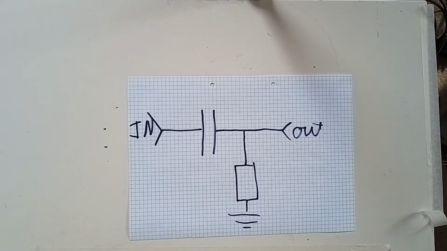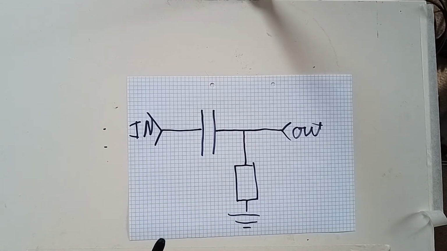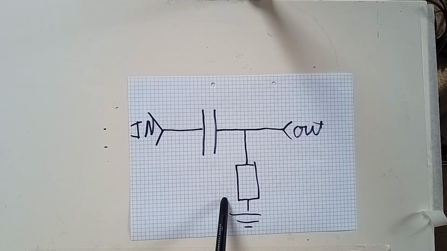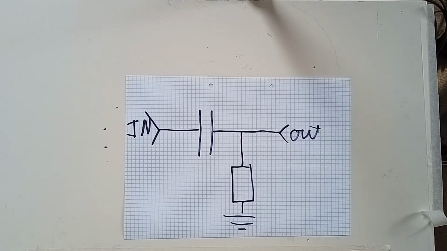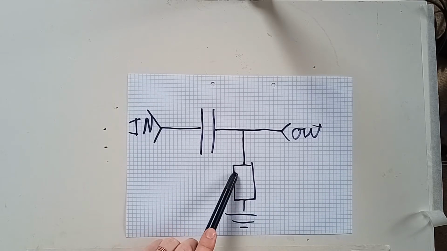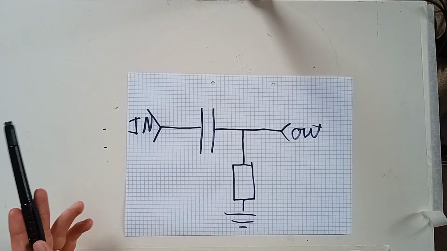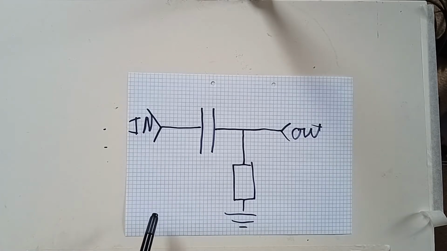Now, as I mentioned earlier though, this has a fixed cutoff frequency, and you cannot control where it is past choosing the values of these two components. There are equations you can use to find a specific cutoff frequency when it's desired.